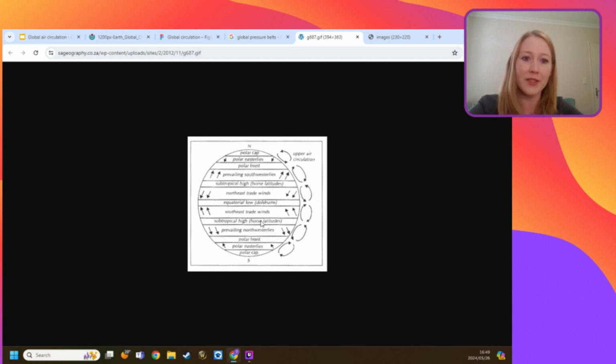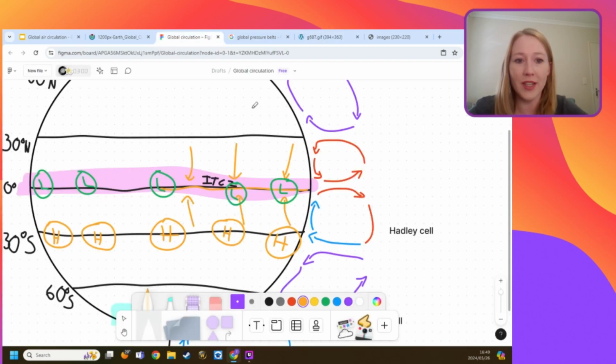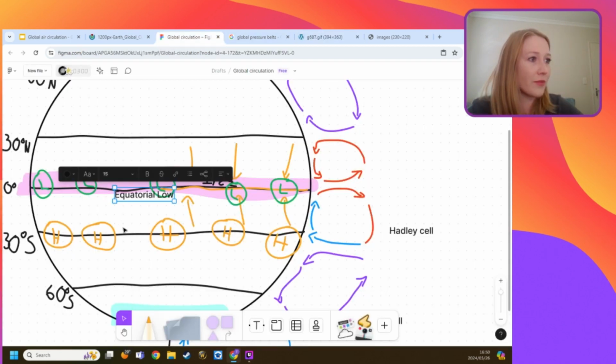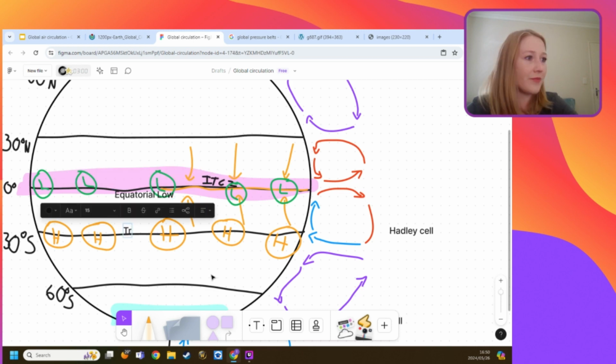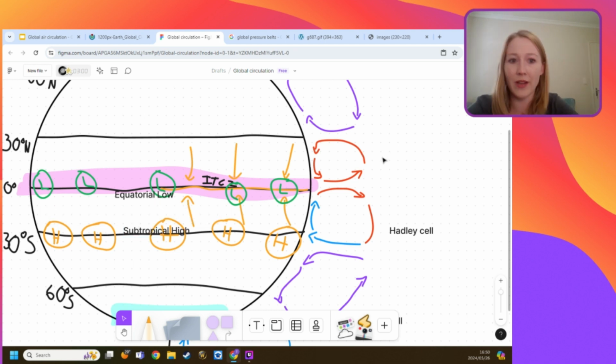So subtropical means it's just outside of the tropics. Add that label into our diagram. We have that in. So the equatorial lows and the subtropical highs.